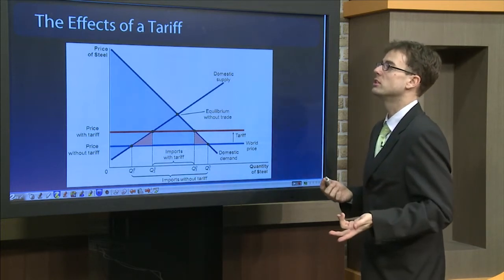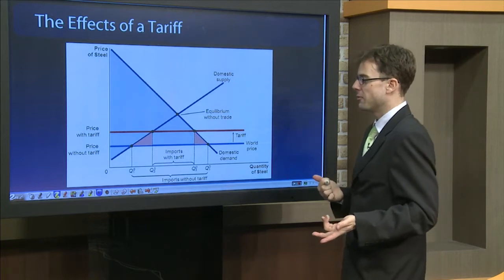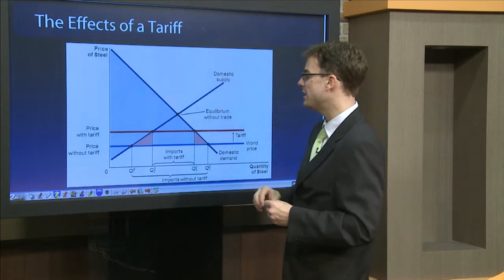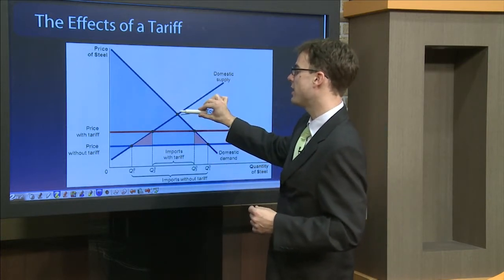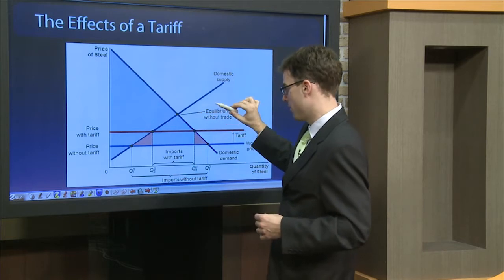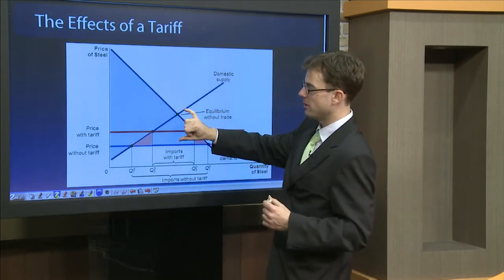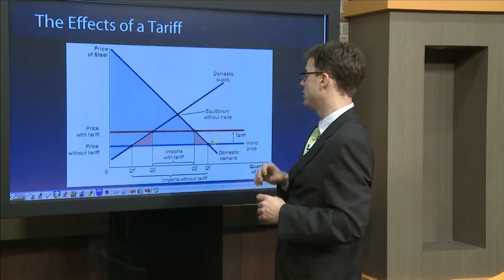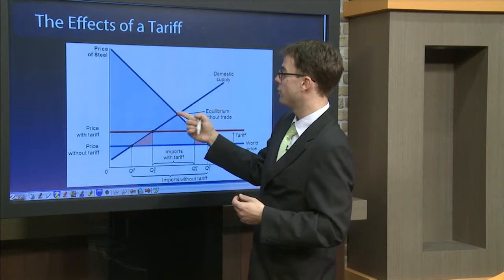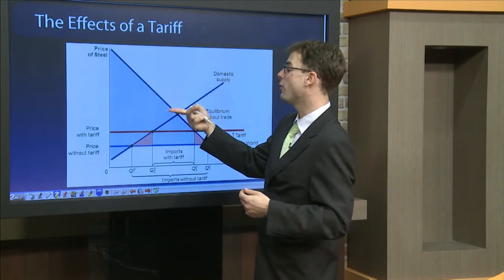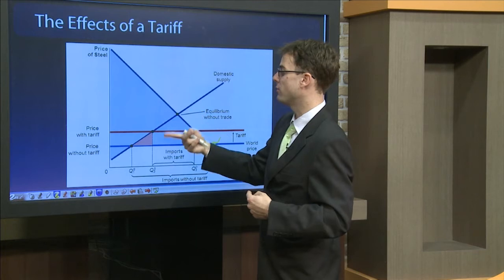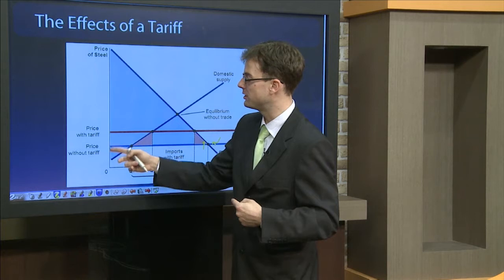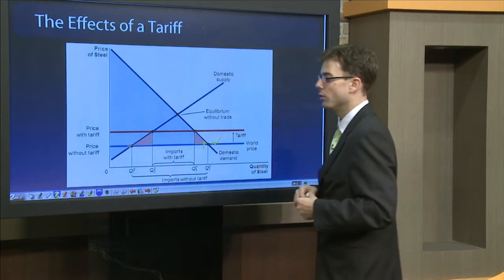One is to impose a tariff, which is a tax on imports. So suppose that a country has a comparative disadvantage in the production of steel, and suppose that this disadvantage is fairly large, and the domestic government fears that if the market price falls from the domestic level to the world level, domestic producers of steel will lose a lot of surplus.